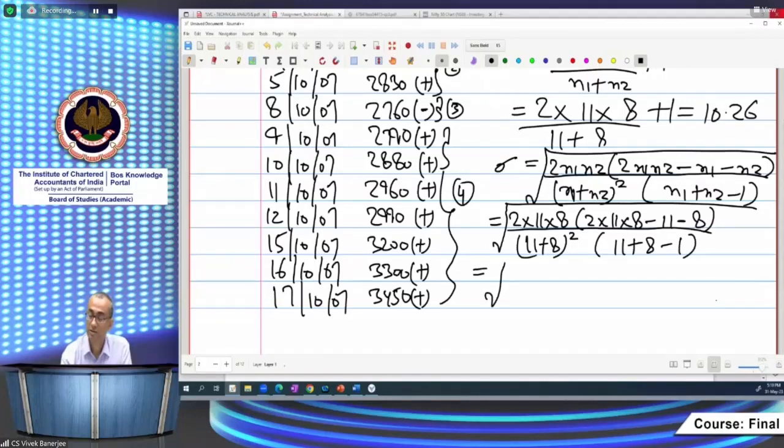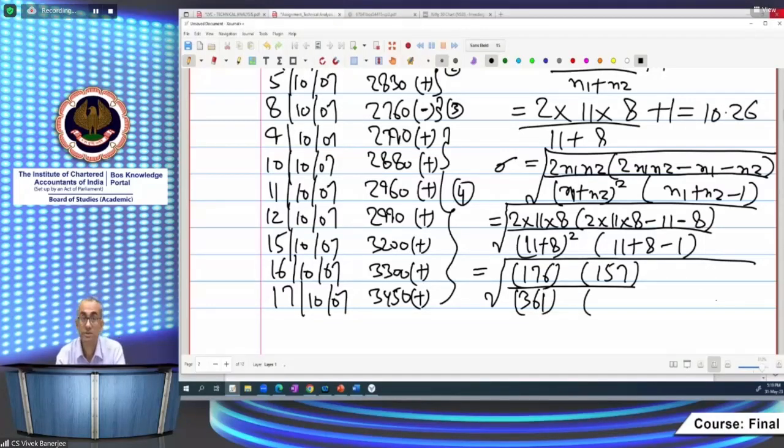Under root 2 into 11 into 8 is 88, 88 twos are 176. 176 minus 11, 165, minus 8, 157, divided by 19 square, would be 361, multiplied by 11 plus 8, 19 minus 1, 18. Let us solve this.